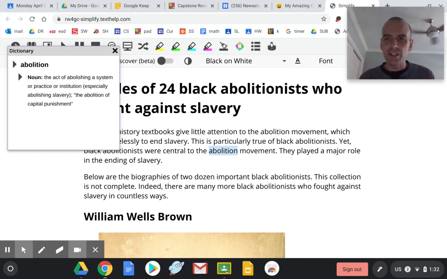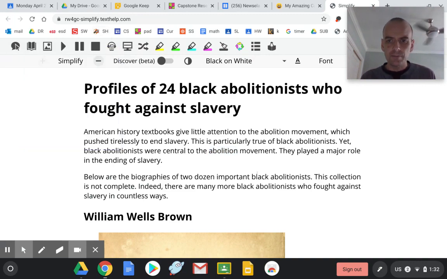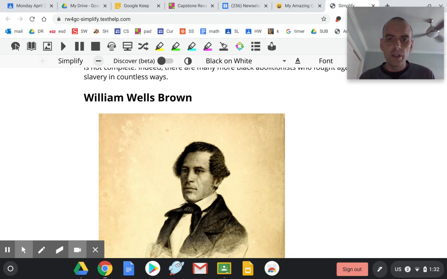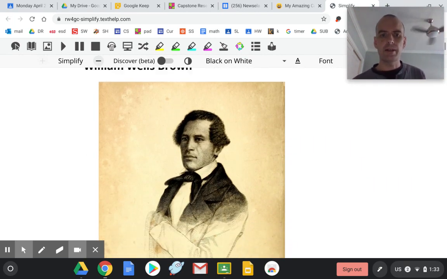They use abolition as with abolition, but I think it means stopping, right? The stopping movement, the stopping of slavery. Okay. Below are the biographies of 24 important Black abolitionists. Oh my God, this is so cool. William Wells Brown. Let's read about him.